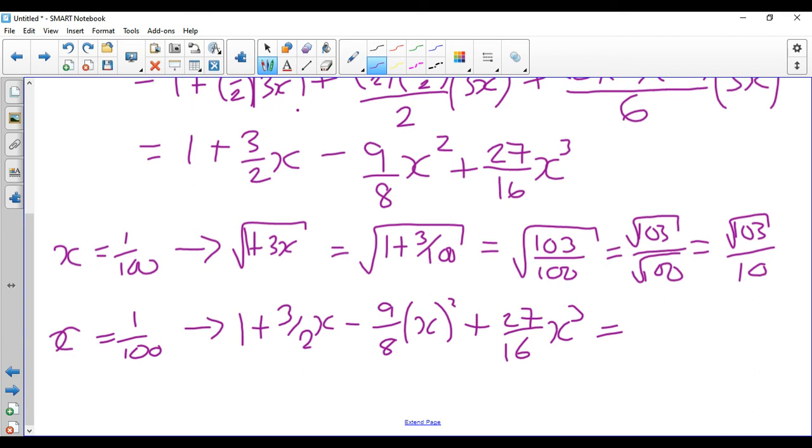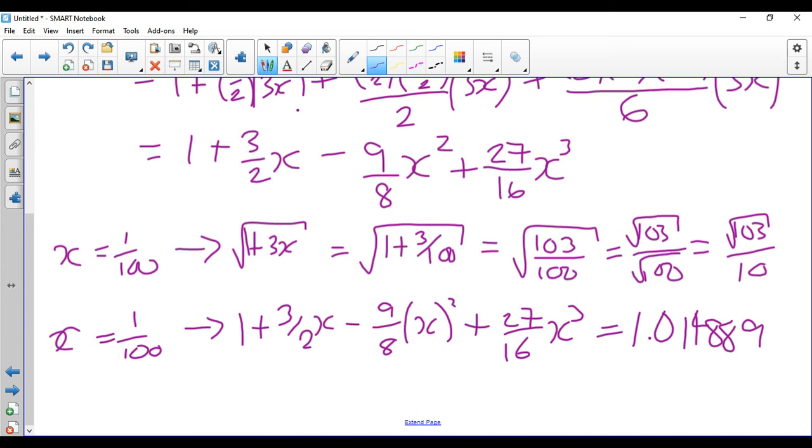It's slightly easier to put this in your calculator, actually, if you use 0.01 instead of the fraction, just because it's slightly quicker to type. Plus 27 over 16, 0.01 to the cubed. So that tells me on my calculator 1.014889. So I'm going to stick to that many decimal places. Check my rounding after that, 9 was a 1, so I'm fine.